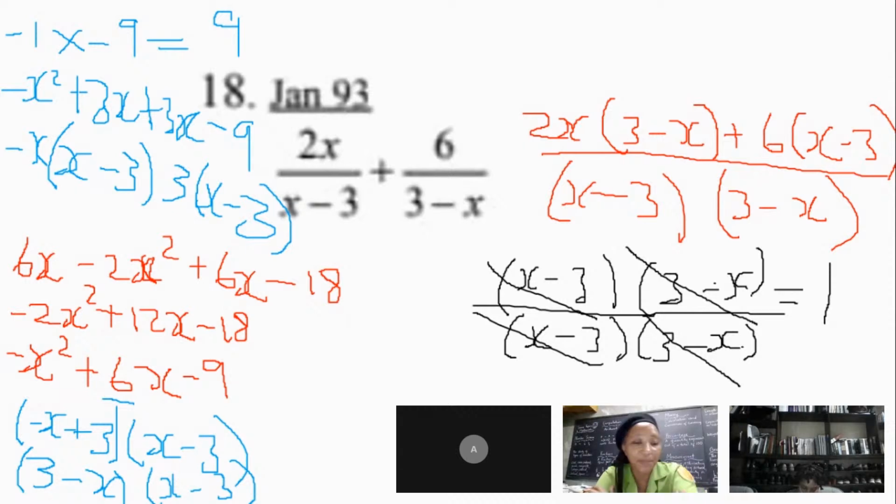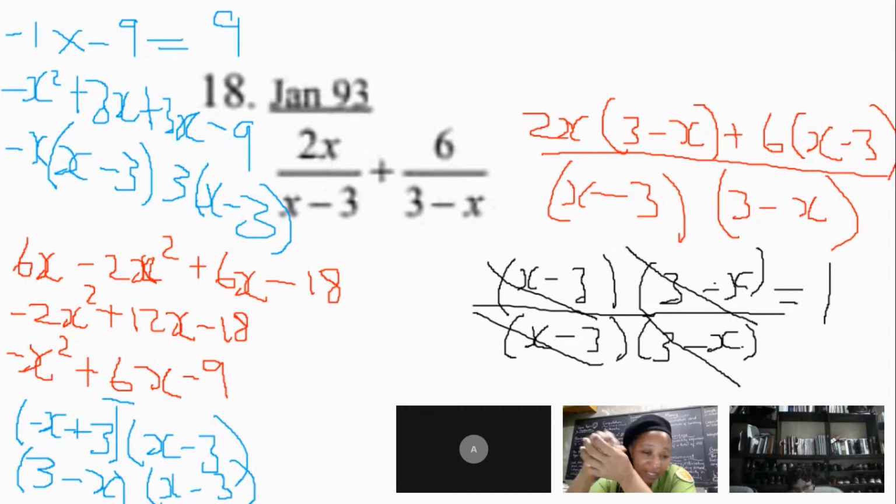So when we simplified it, 6x plus 6x gave us 12x, and we know that's the middle term. And we had the negative 2x squared, and we have minus 18. We simplified that. We divided all the terms by 2 since 2 was a common factor. And we got negative x squared plus 6x minus 9.